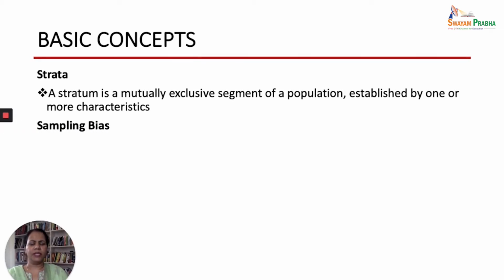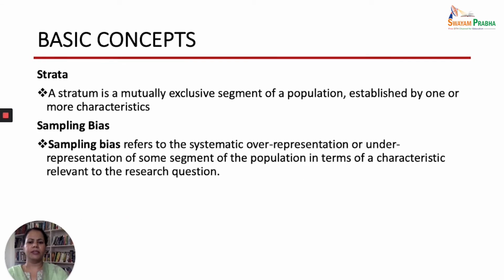Okay, now next, what is sampling bias? Sampling bias refers to the systematic over-representation or under-representation of some segment of the population in terms of the characteristics relevant to the research question. Depending upon our research question, we select the sample out of the population.